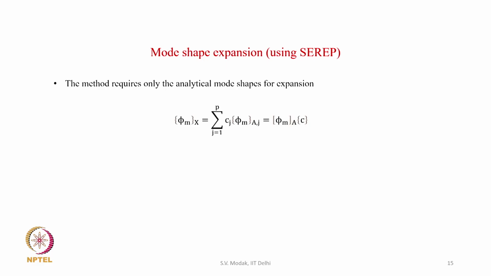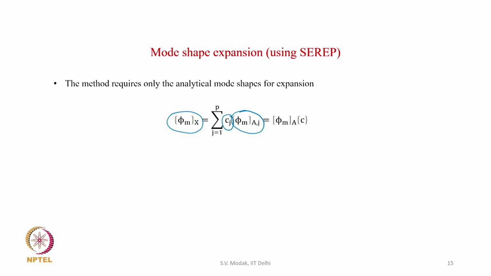Subscript x is used to represent association with the experiment, while subscript a indicates association with the FE model. So, phi mx represents the experimental mode shape at the measured degrees of freedom, and phi maj represents the FE model mode shape corresponding to the measured coordinates, where j is the FE model mode shape number, and Cj is the coefficient corresponding to the jth FE model mode shape.